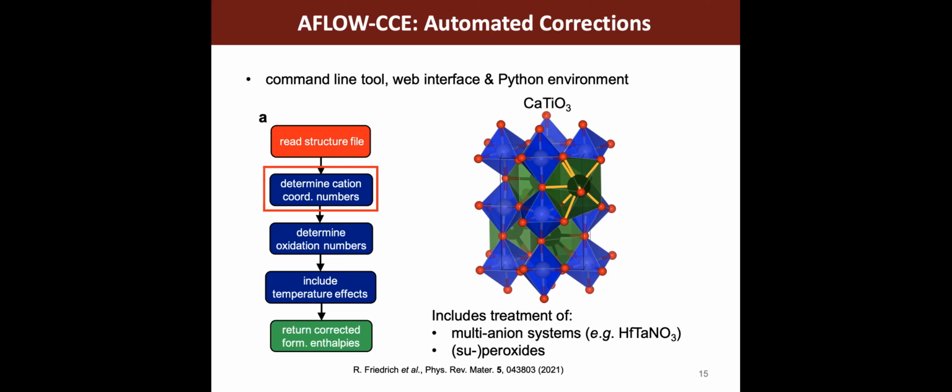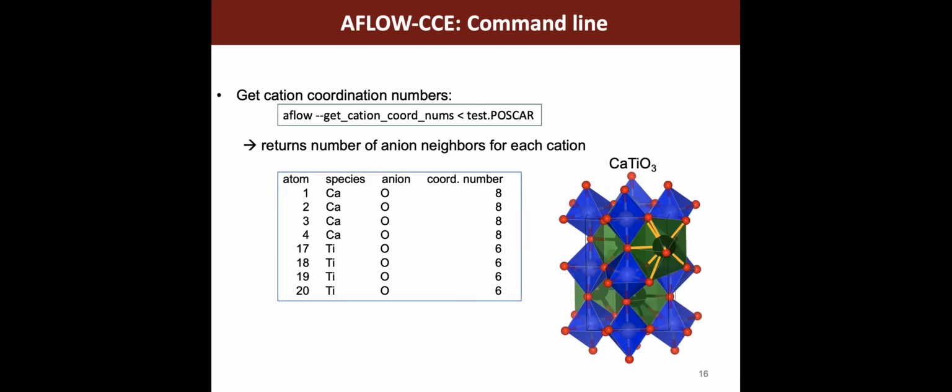In this way, I can easily find these multi-anion compounds, which are actually a direction of recent research interest. I also want to highlight that it can treat peroxides and superoxides. So when you have peroxidic or superoxidic bonds in your system, it will also treat this correctly.